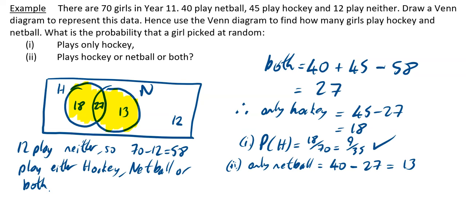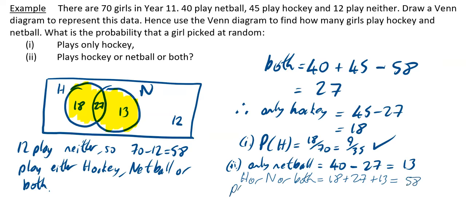Number-wise it is 18 plus 27 plus 13. 27 plus 13 is 40, plus 18 is 58.